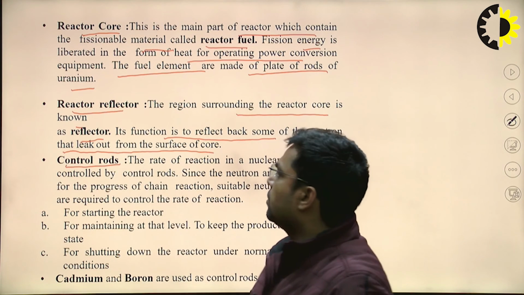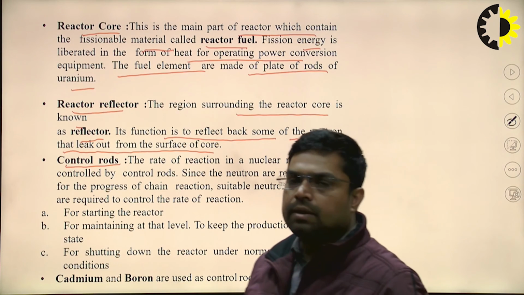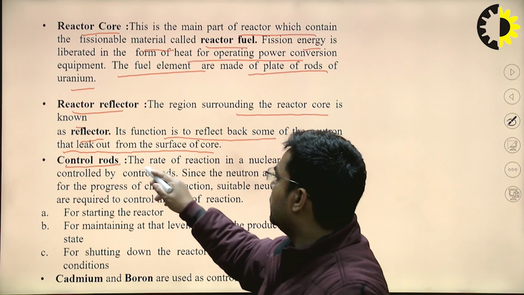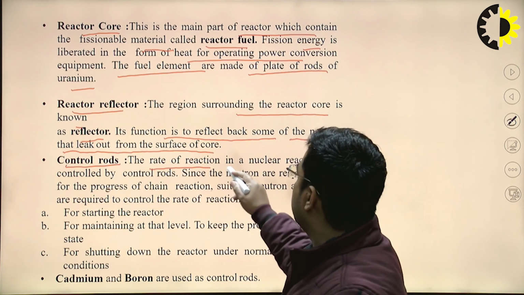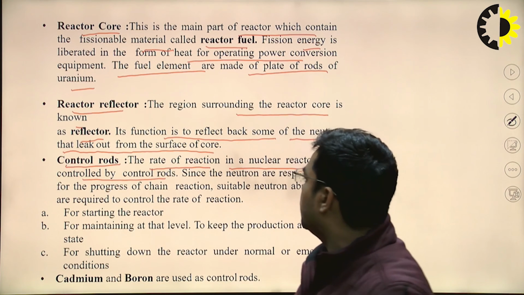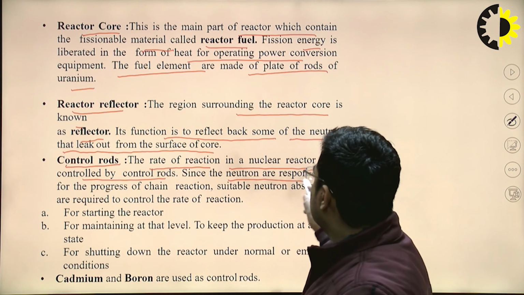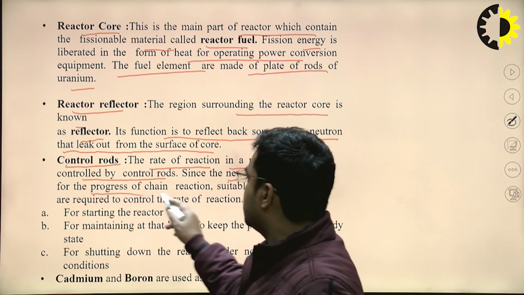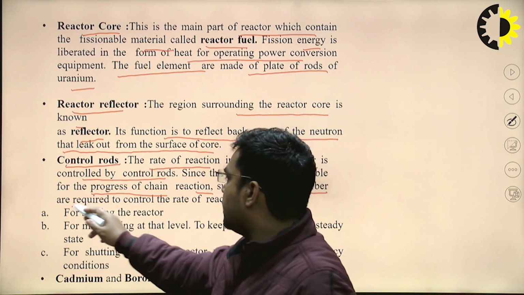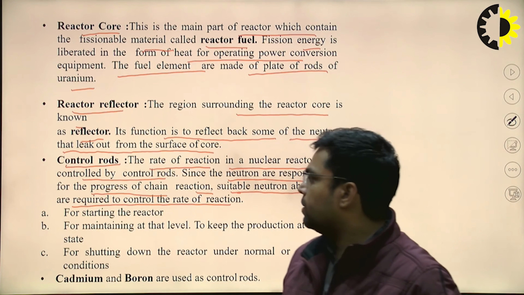Now for the control rod, this is again put into the nuclear core. The function of the control rod is to reduce the rate of reaction in a nuclear reactor. Since the neutrons are responsible for the progression of chain reactions, suitable neutron absorbers are required to control the rate of the reaction.